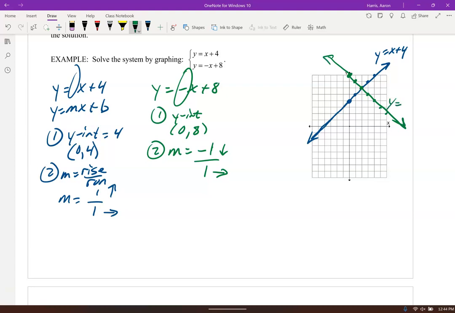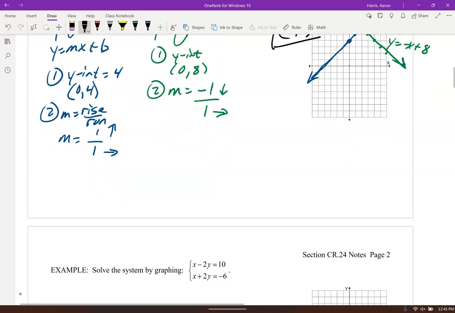There's my y equals negative x plus 8. And then you say, well, where do they cross? Right there. Looks like that's the point (2, 6). That's our solution. So that's solving by graphing.